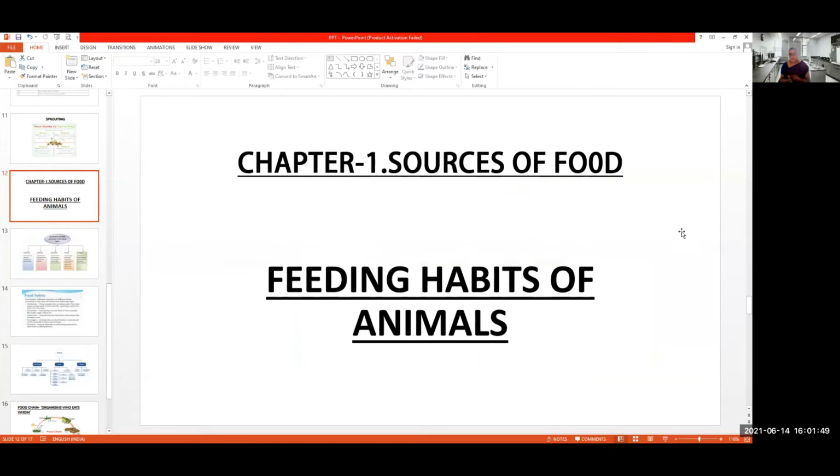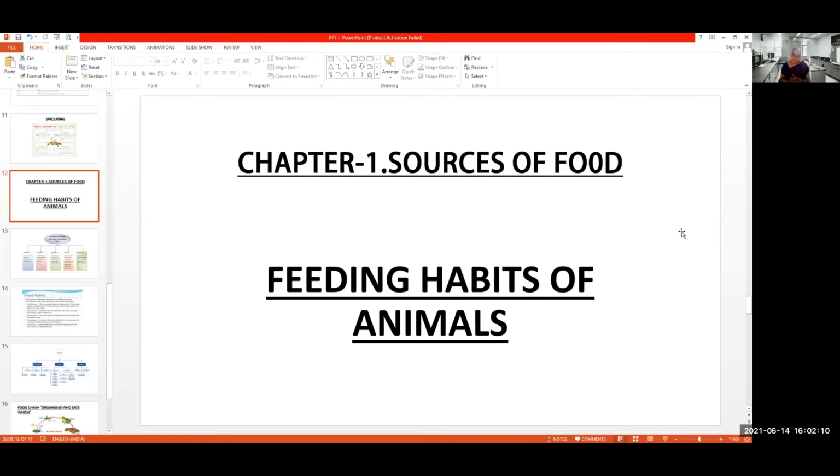Then the plant products and the animal products, food obtained from plants and from animals. Then the edible parts of the plant; edible means the part of the plant that we eat. Next, we saw the sprouting process. Now we are going to enter chapter 1, feeding habits of animals.